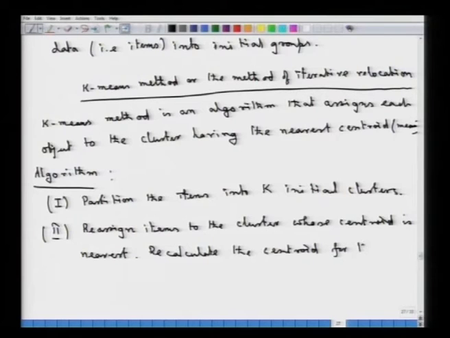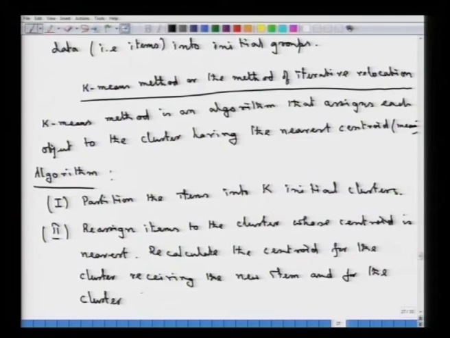Then once we have done that, we recalculate the centroid for the cluster receiving the new item, and for the cluster losing the item.